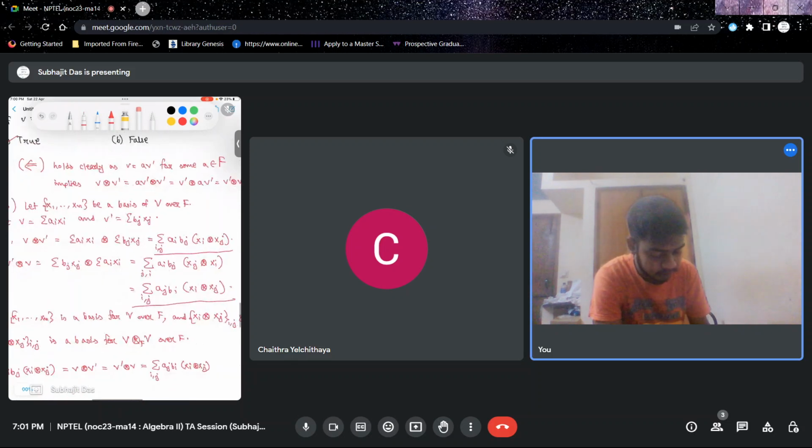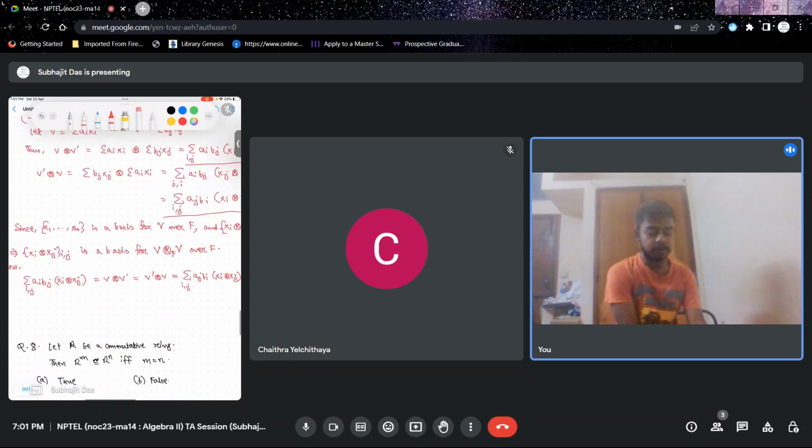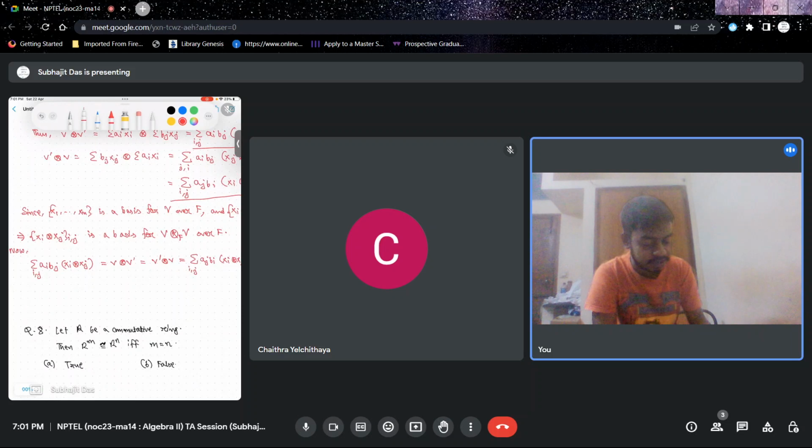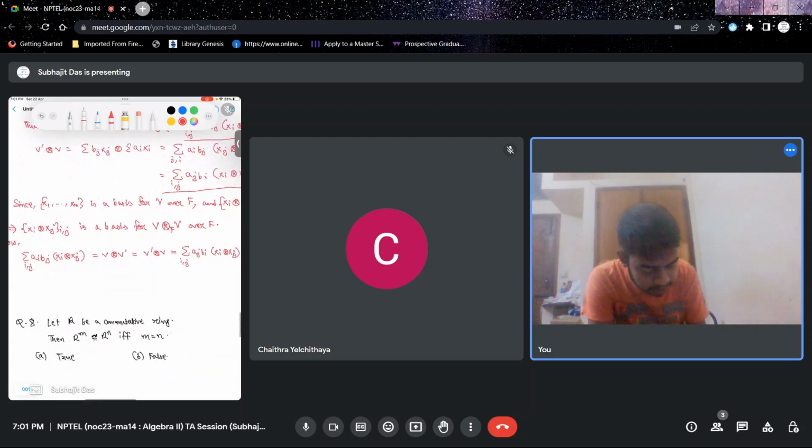So yeah, that is what the argument is about, and hence ultimately what we have is these two expressions are equal, which imply that a_i b_j is equal to a_j b_i for all i and j, which implies that a_i over b_i is equal to a_j over b_j for all i and j.